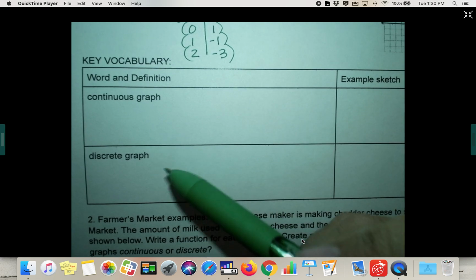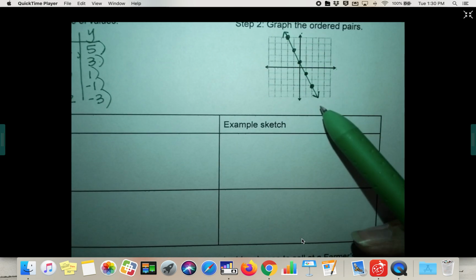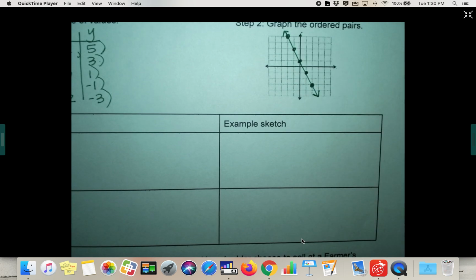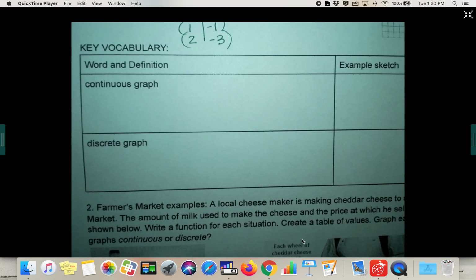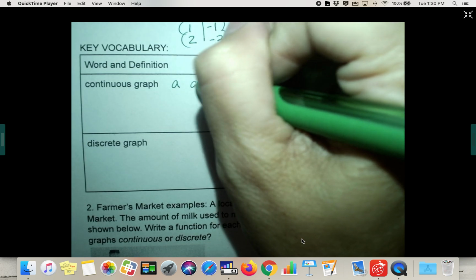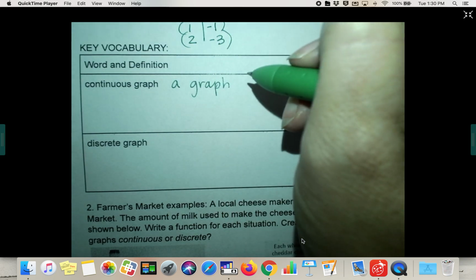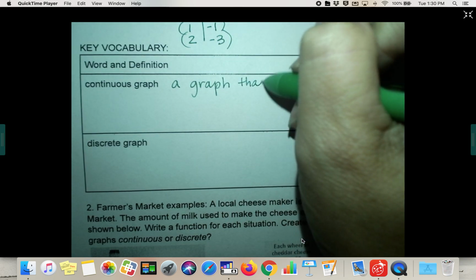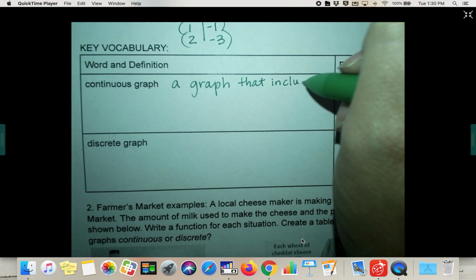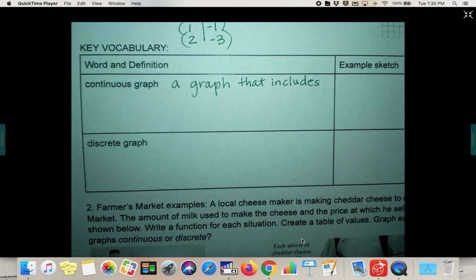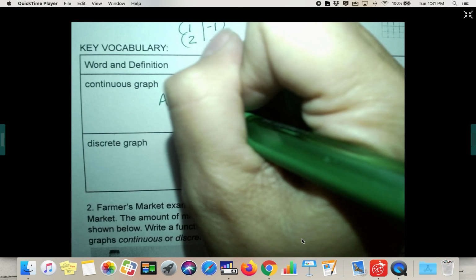Okay, let's go down to our definitions. A continuous graph is exactly what we did. We know there's arrows on each end because it's going to continue. So the textbook definition is a graph that includes all points on the line.